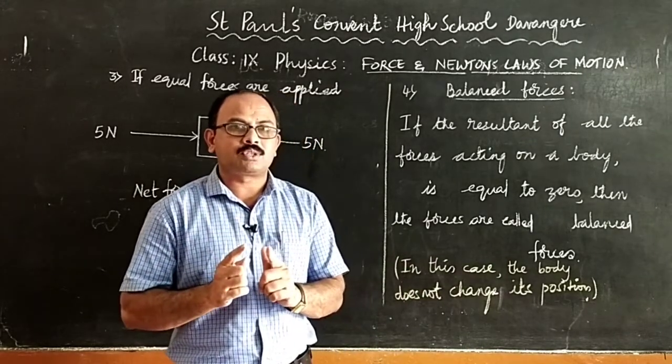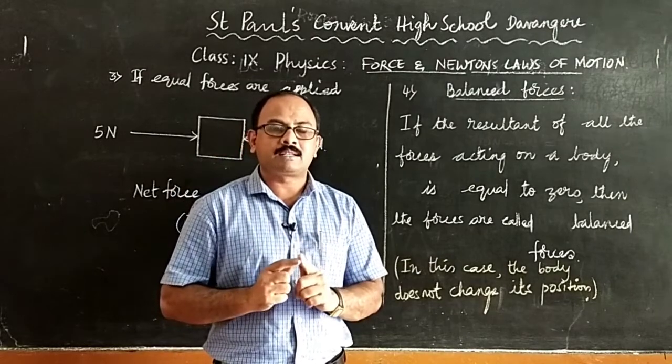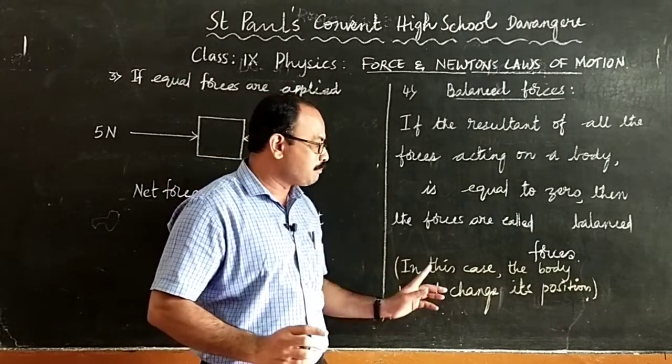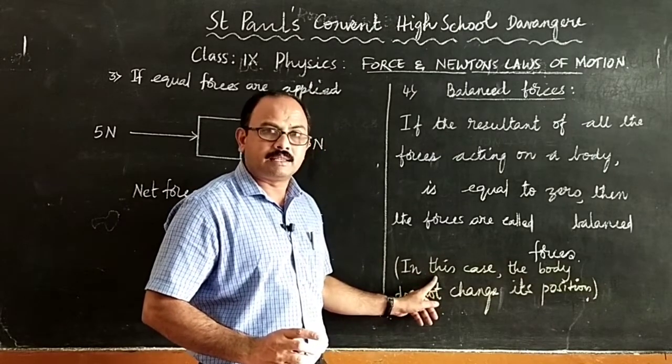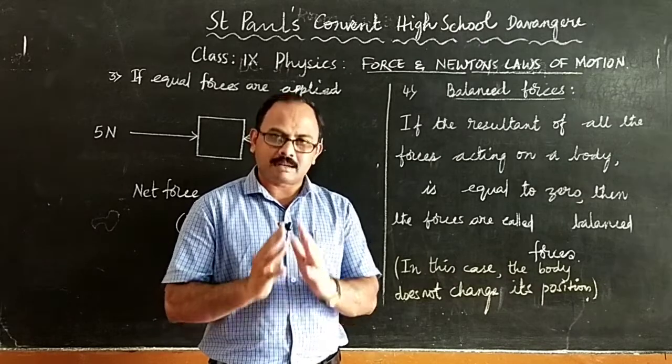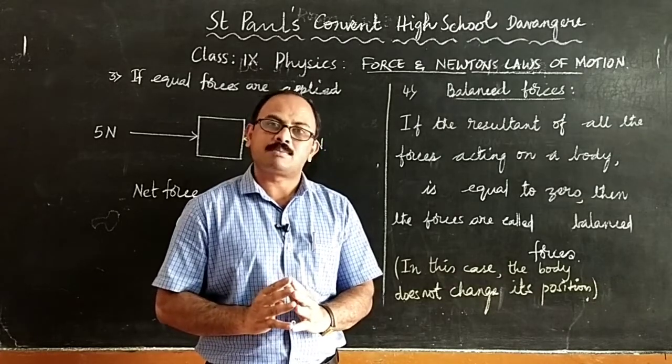When balanced forces act on an object, the object will not change its position. Very important thing that you ought to know, children. In this case, the body remains at rest and does not change its position.